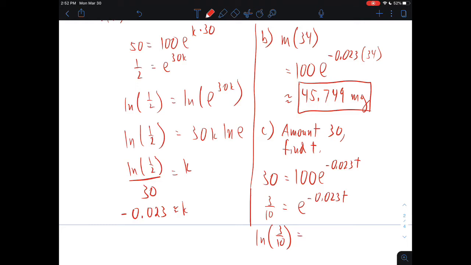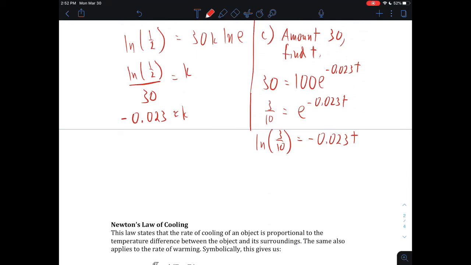And then the right-hand side, similar to what we saw in part A, will just really be the exponent after we took the natural log. And so then we just need to divide the natural log of 3/10 divided by negative 0.023. And that gives us approximately 52.347 years.